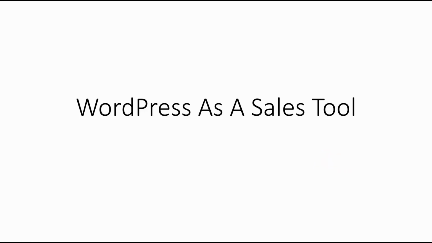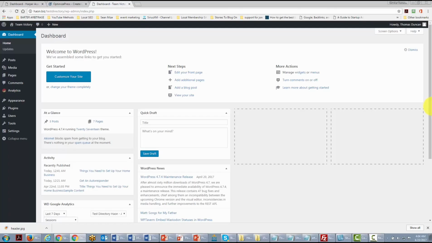Welcome back. Now in this video, we're going to be talking about using WordPress as a sales tool. Whether or not you use it in conjunction with your network marketing business, or you are selling products for your team or selling products for your prospects, you are going to want to be able to create attractive sales pages and to be able to do them from your WordPress website.